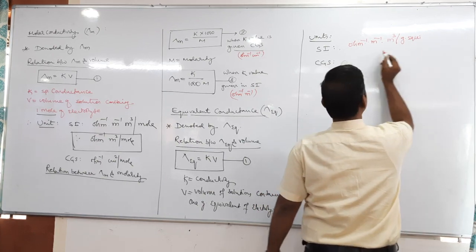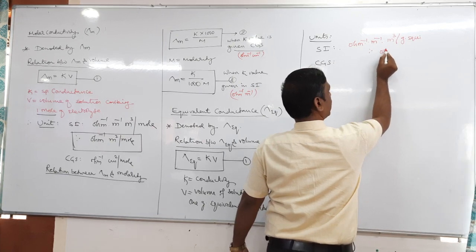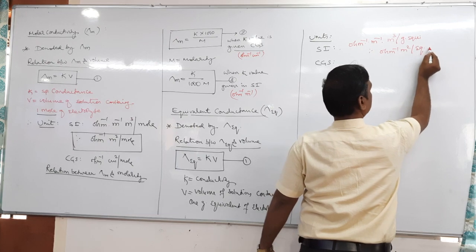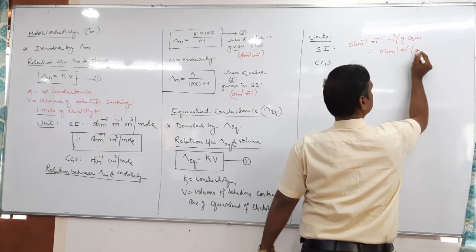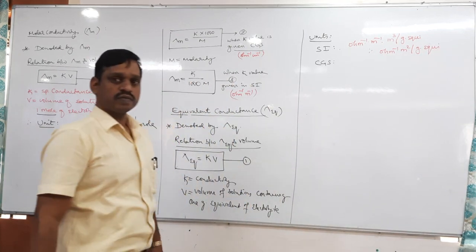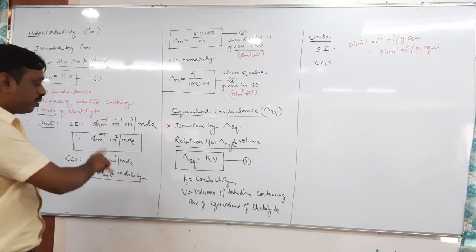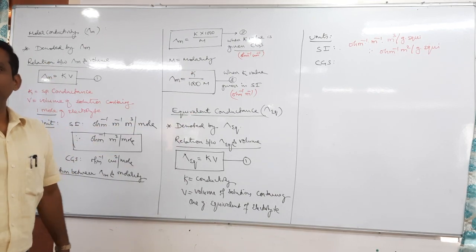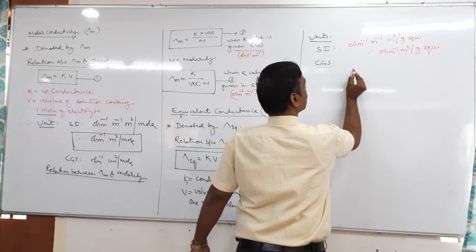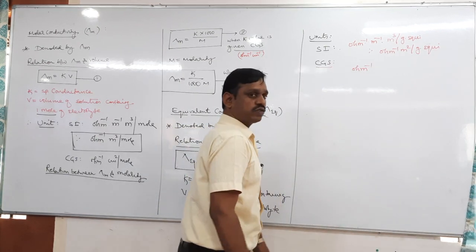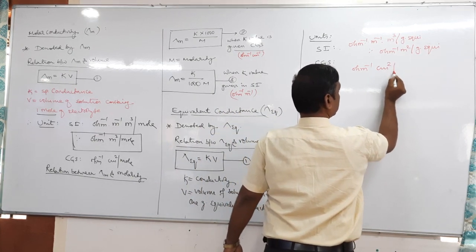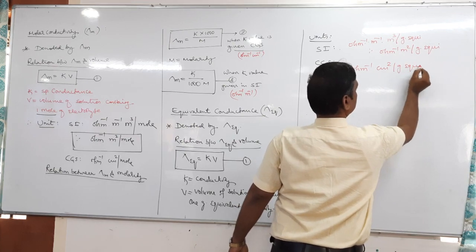So therefore, it is ohm inverse meter square per gram equivalent. Both are same. Here per mole, there per gram equivalent. Next, CGS. Ohm inverse, centimeter square per gram equivalent.